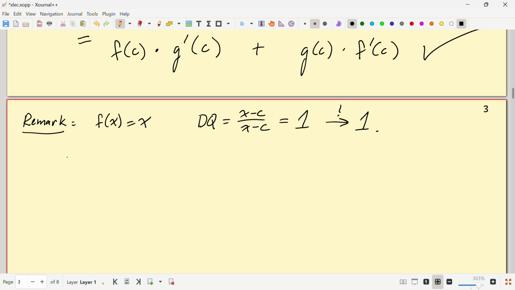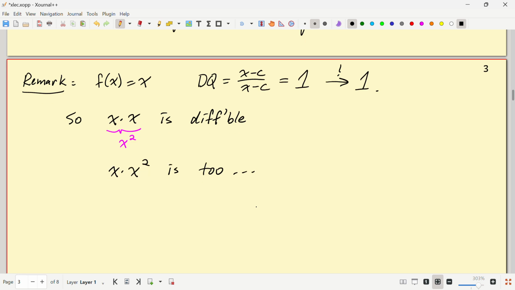And so therefore, using the product rule, x times x is differentiable, which is x squared. And so x times x squared is differentiable. Dot, dot, dot. And so all powers of x are differentiable. And then you can add things up and multiply by constants and maintain differentiability.